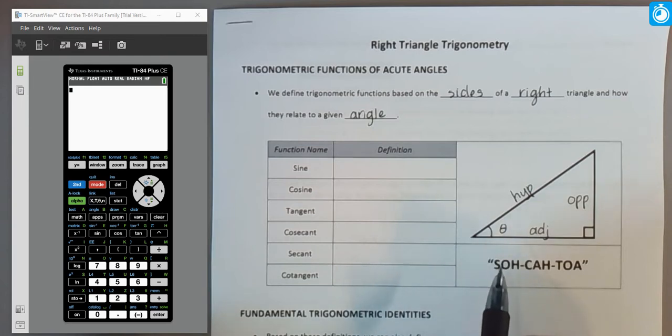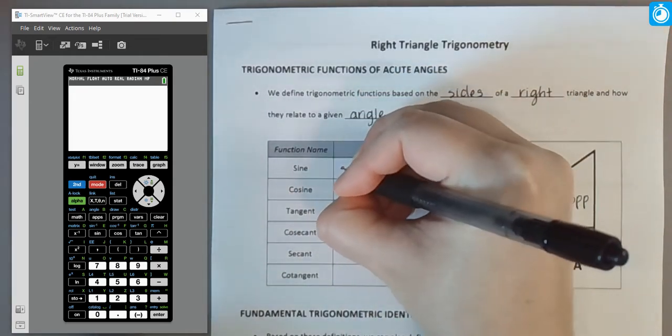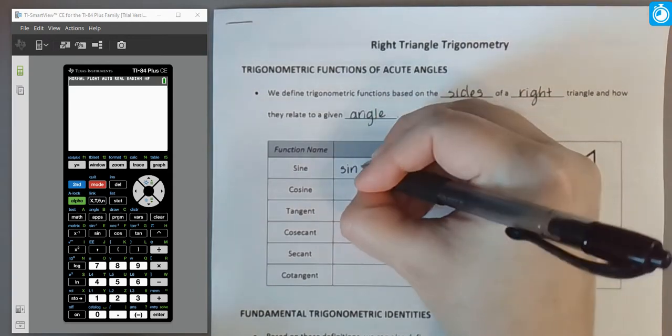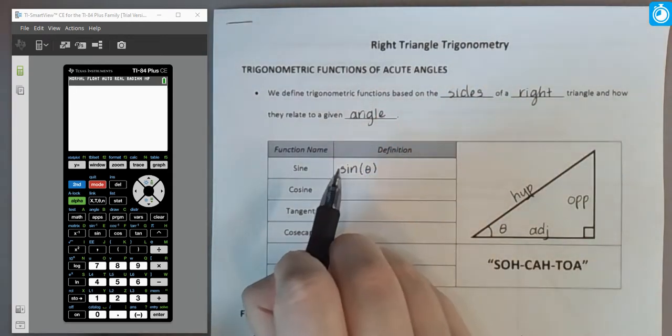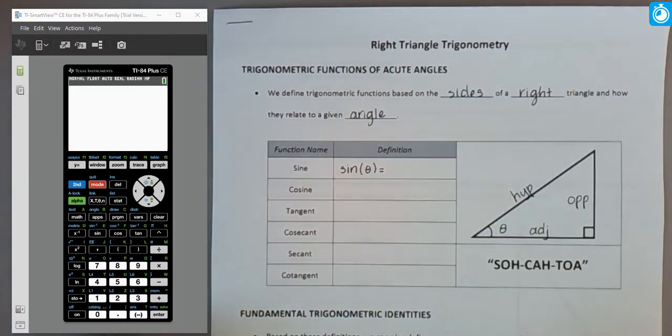And the way these function outputs are defined is as a ratio of a pair of the sides in this triangle. So the sine function, if we want to apply the sine function, which we'll abbreviate as SIN, to an input of theta, the sine function is defined as a ratio of 2 sides.